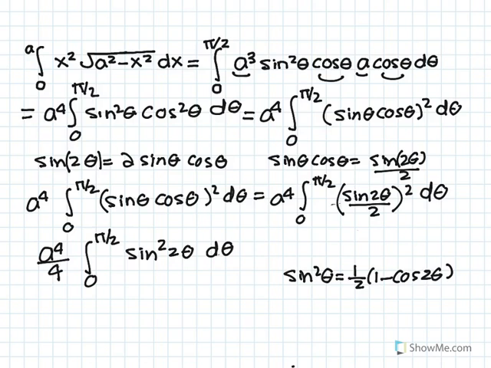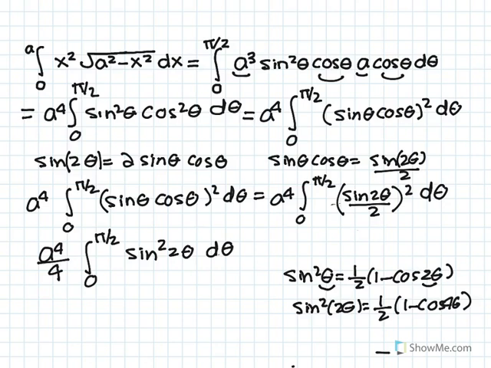But that's not what we have. We have sine squared 2 theta. So notice the 2-to-1 relationship. When this is theta, this is 2 theta. So sine squared 2 theta will be equal to 1/2 times 1 minus cosine 4 theta.